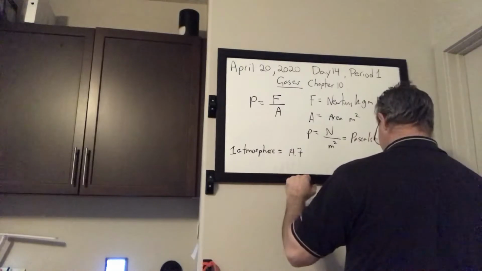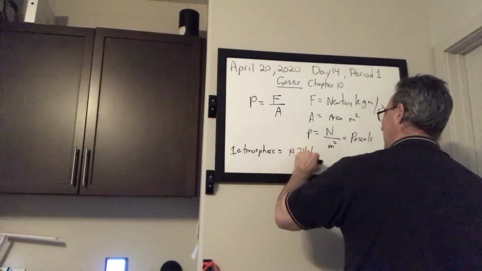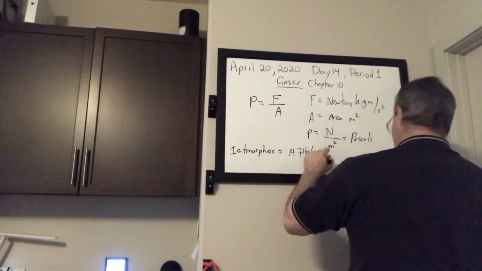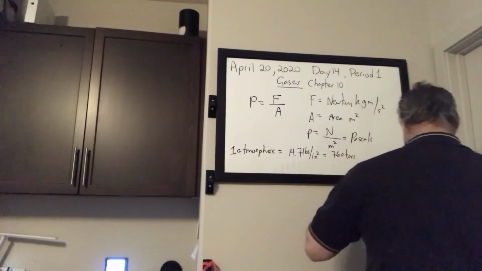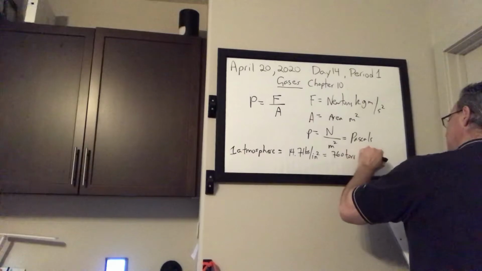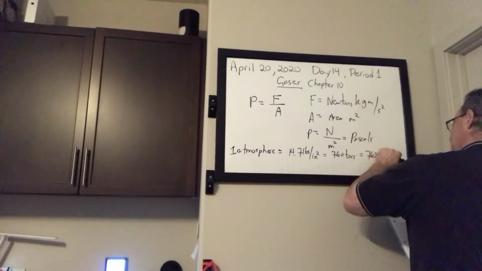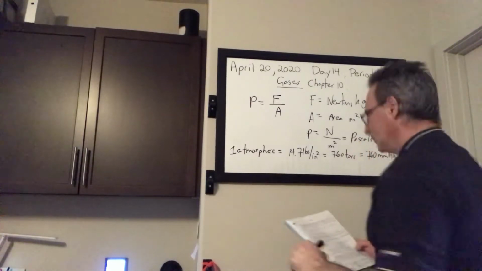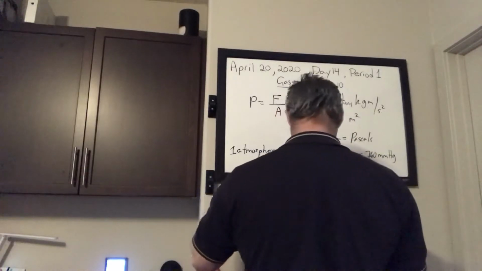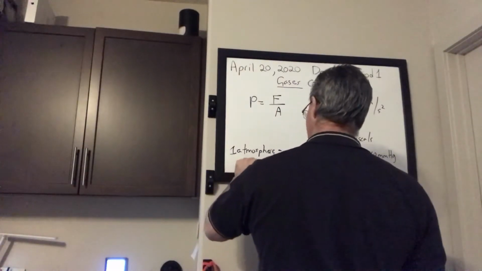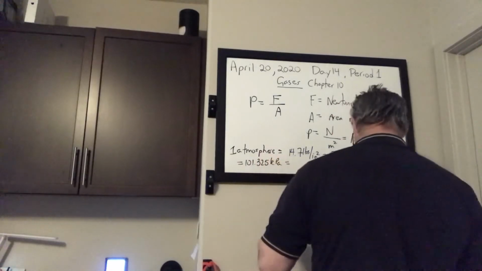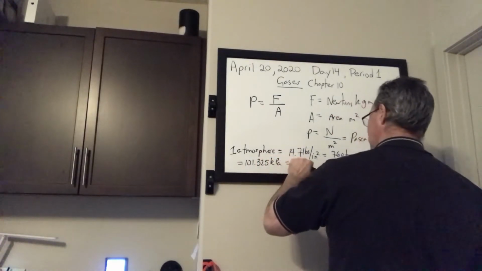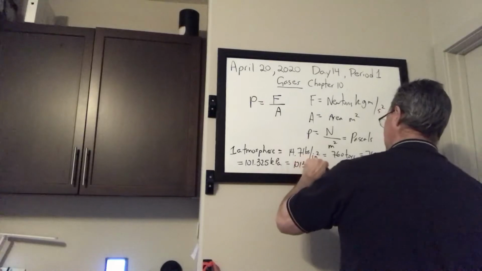So 1 atmosphere is equal to about 14.7 pounds per square inch. It also equals 760 torr. It equals 760 millimeters Hg. That equals 101.325 kilopascals, or 101,325 pascals.